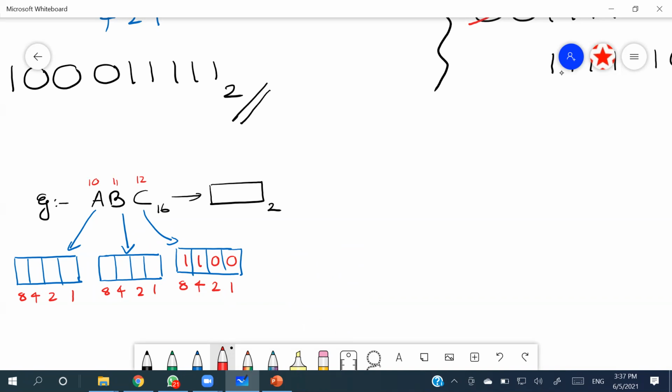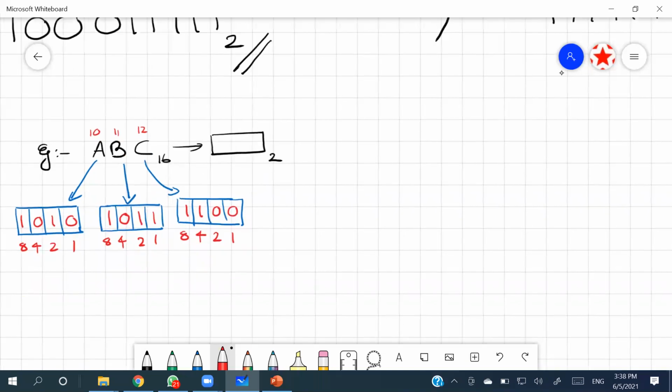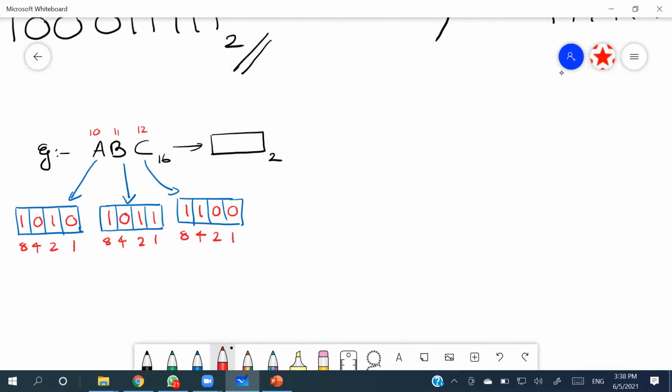Right, so 11 is 8 plus 2 is 10, plus 1 is 11. We don't need a 4. 10 is 8 plus 2. No 4s needed, no 1s needed. So your answer is going to be 1 0 1 0 1 0 1 1 1 1 0 0 in binary.